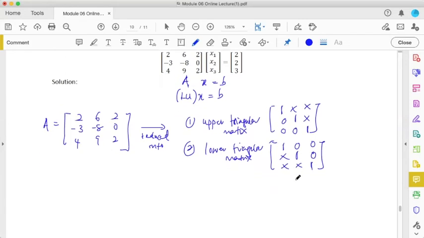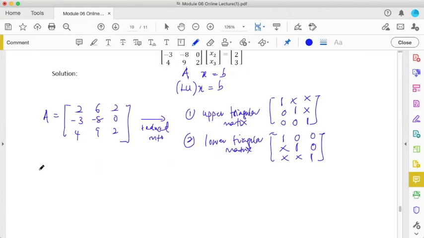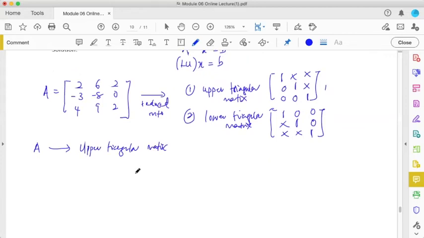Okay, so you can choose whether you want to reduce A to the form 1, which is upper triangular matrix, or the form 2, which is lower triangular matrix. Let's say we choose to reduce A to an upper triangular matrix. So we can start with the first coefficient, which is 2.